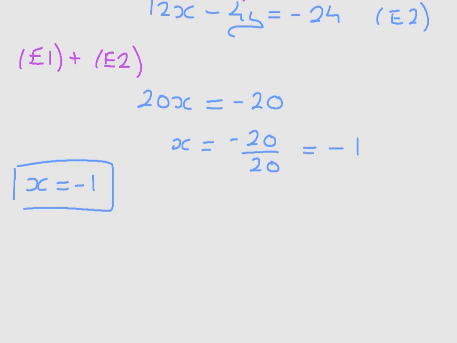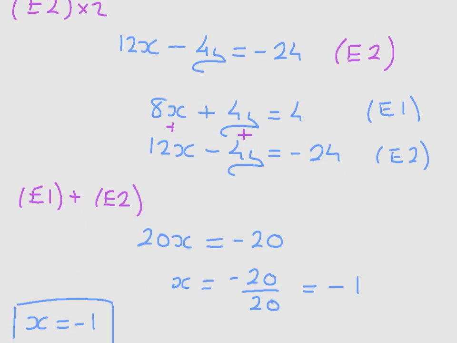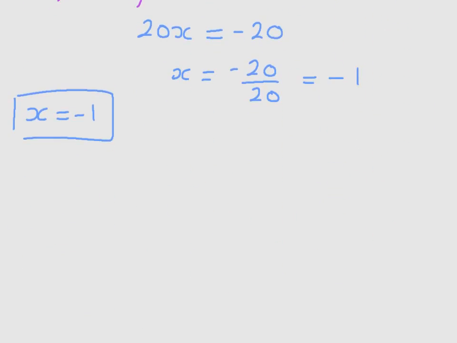To find the value of y, we have to go back to either one of the two equations we were given at the beginning. We had 8x plus 4y equals 4, 6x minus 2y equals negative 12. Doesn't matter which one we use. I'll take E1, and I'll rewrite it down here.